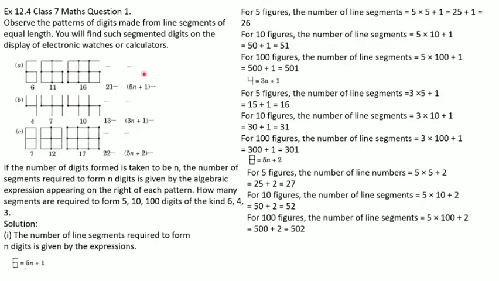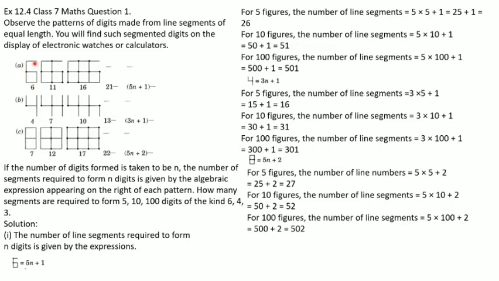Now moving forward, to make an n-digit number, what pattern is used? 5n plus 1. You can check here. If a one-digit number like 6 is made, 5 times 1 is 5, plus 1 is 6.